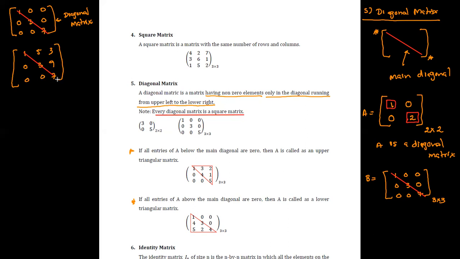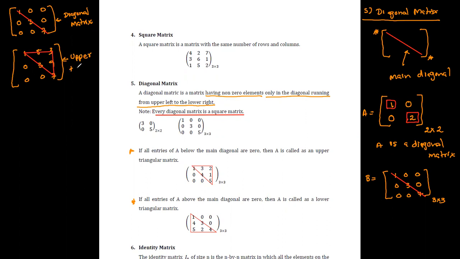This is the main diagonal, and if you can see all the elements below the main diagonal are zero, then such a matrix is said to be an upper triangular matrix. It is based on the main diagonal.